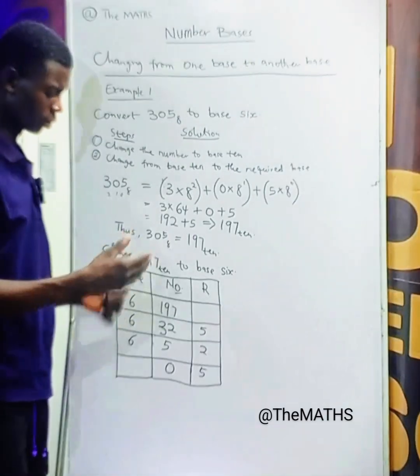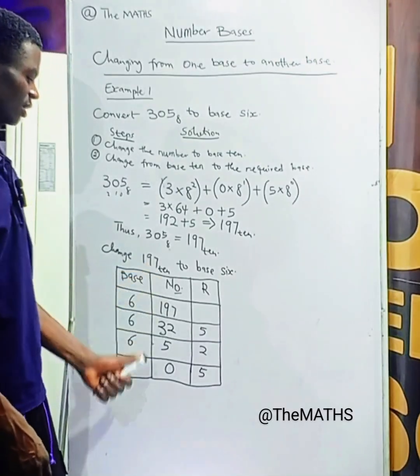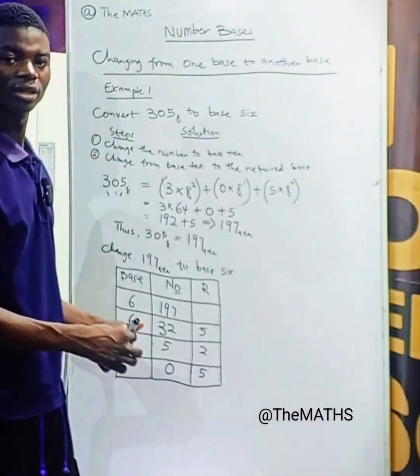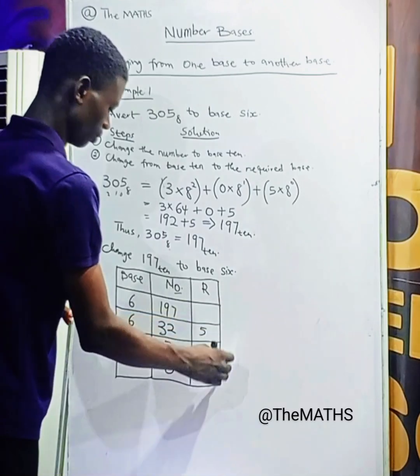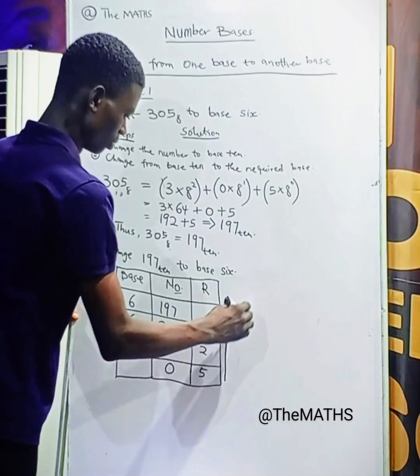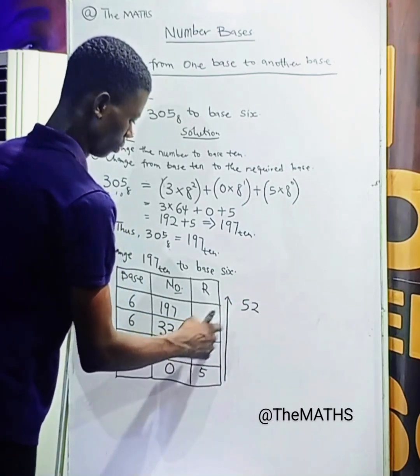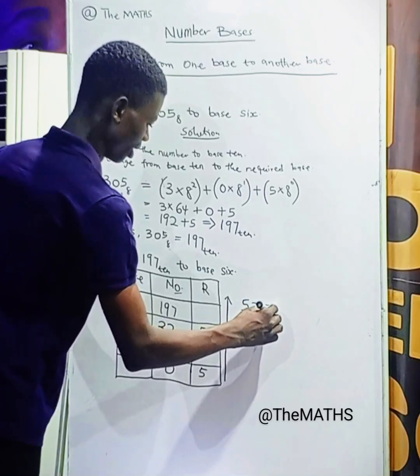Now we have converted 197 base 10 to base 6. So let's write that one. We take the figures upwards from the base, so 5, 2, 5 in base 6.